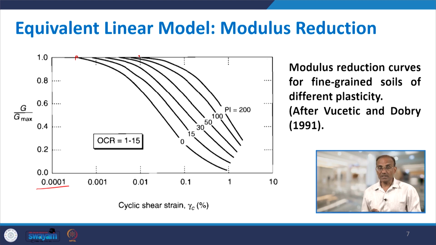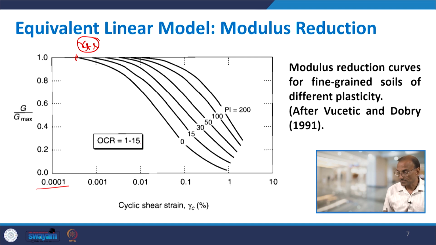However, later on we will discuss this value where these curves start getting less than 1 for G by G max, which is called the threshold strain, represented by gamma TL. For example, this gamma TL will be for PI equal to 0, but for PI equal to 200 the same will be here.